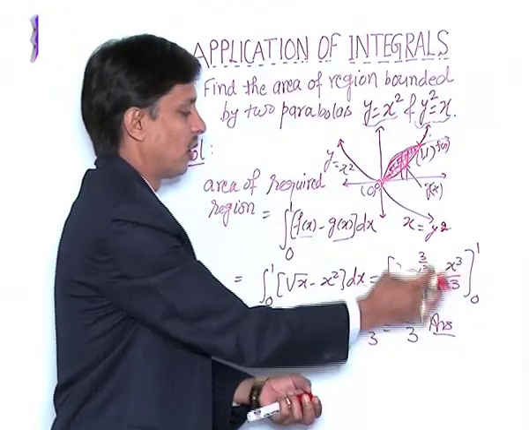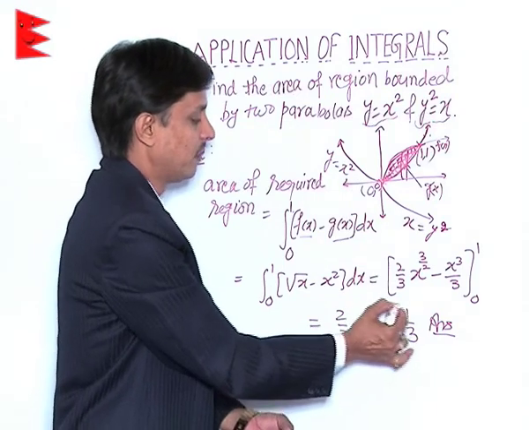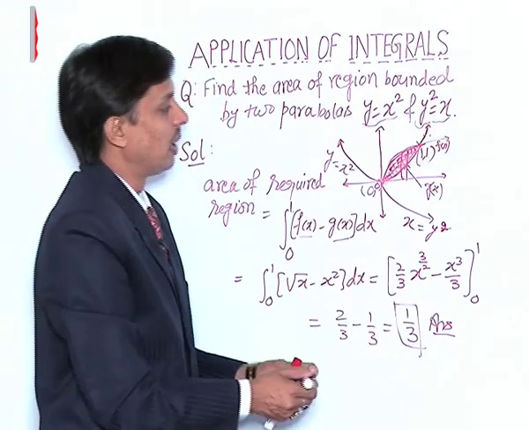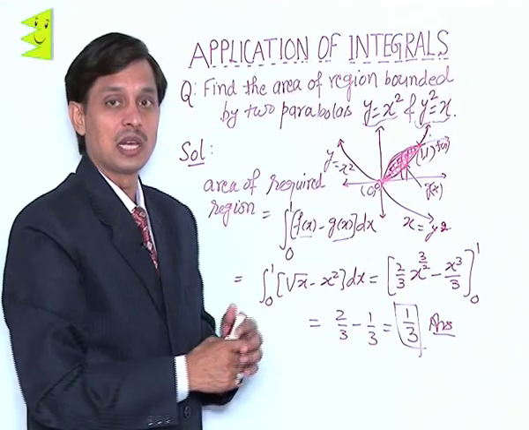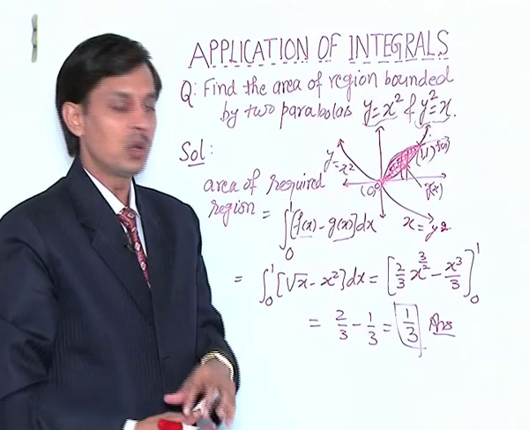Limits are 0 to 1. When limits are put, it is 2 by 3 minus 1 by 3 equals 1 by 3.